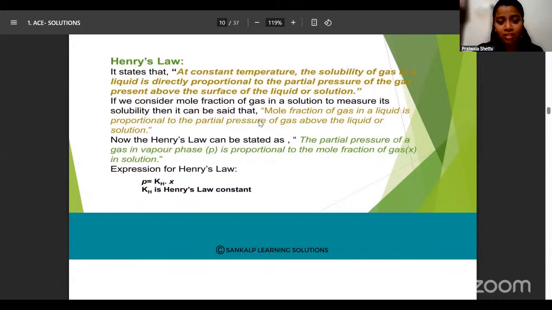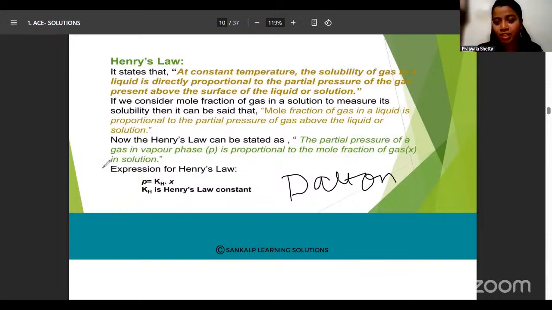Also, Dalton, a contemporary of Henry, added some points. They actually combined and gave one statement which is shown here. There's no need to remember this name, it is just extra information.